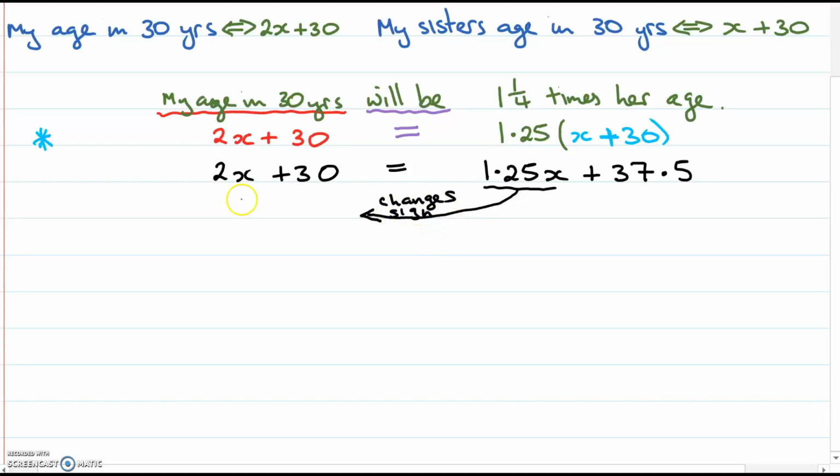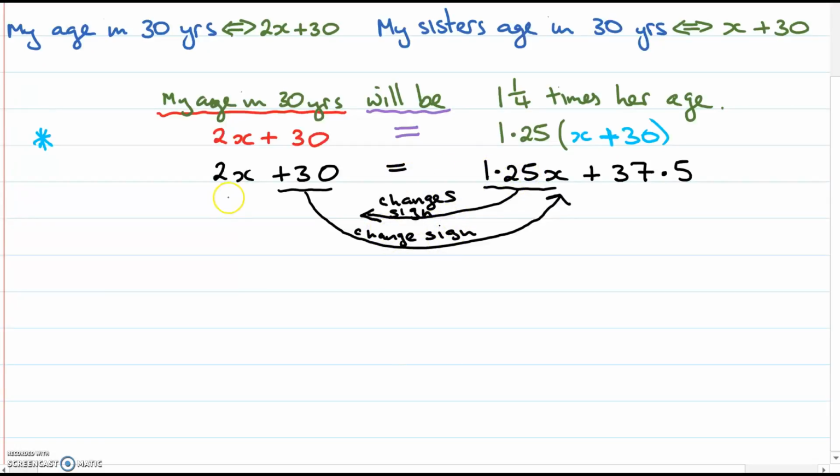And if we want x's to move to the left, then the numbers have to move to the right. So we'll take the 30 and move it that way as well. And the 30 will also have to change sign.